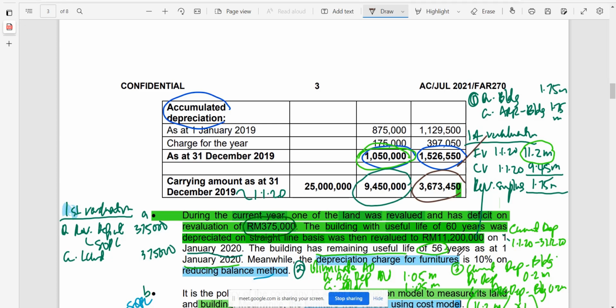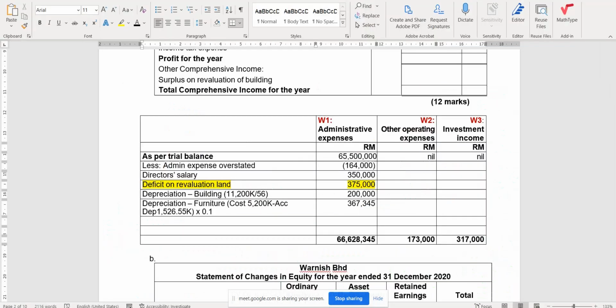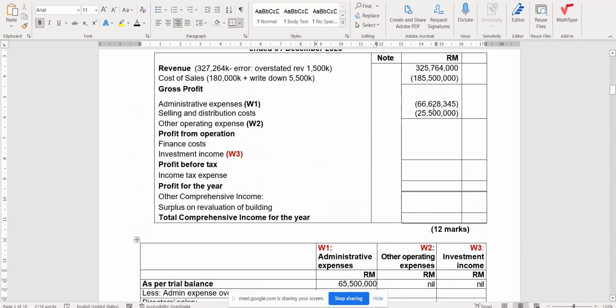You don't have to calculate that because carrying amount was given. So you just take that carrying amount, which is 3673,450 times 10%. So you have 367345, and that was the total for your admin expenses, 66,628,345, the one here. The selling and distribution does not change. It is the same.